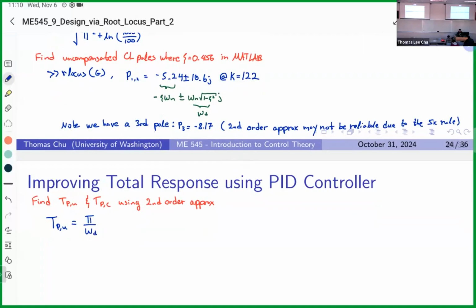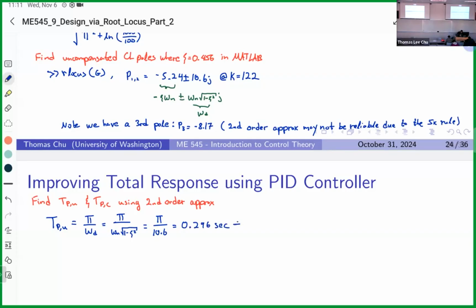This is the second order system performance equation from chapter 4. So that's equal to pi divided by our natural frequency multiplied by the square root of 1 minus zeta squared. That's just pi divided by the imaginary component of our pole, which is 10.6, and we get 0.296 seconds.